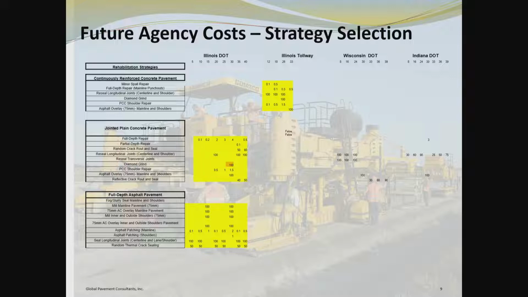One thing that I'd like you to keep in mind, that somewhere at around year 25, most states program one of two things. They do a thin, non-structural asphalt overlay to create a smoother riding surface, to improve surface friction, to reduce noise.